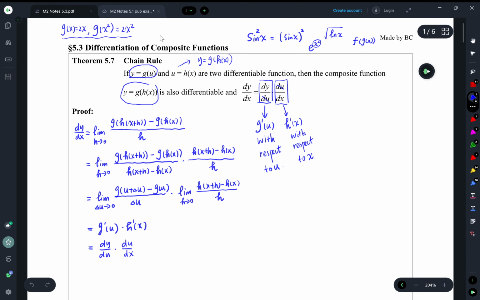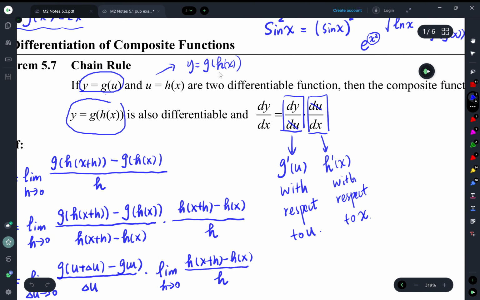Now first we need to understand what composite functions are. A composite function basically is to put a function inside another function. In simple terms, this is a function h, and this is another function g. I will put h inside g.